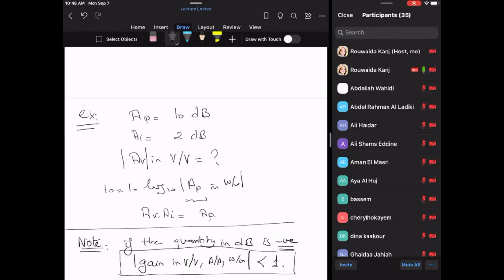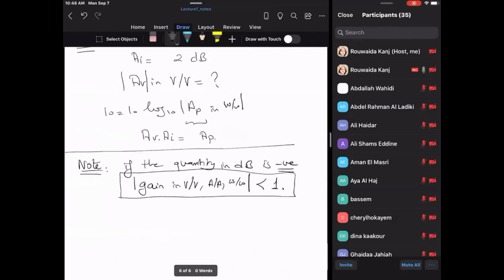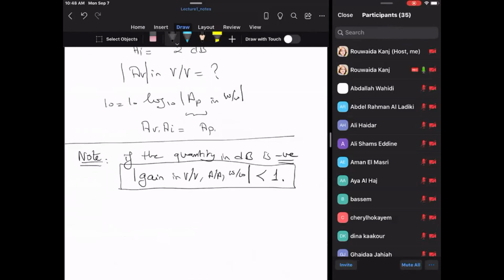What we are going to do next time is take several examples along this line, and we say that this amplifier is attenuating.